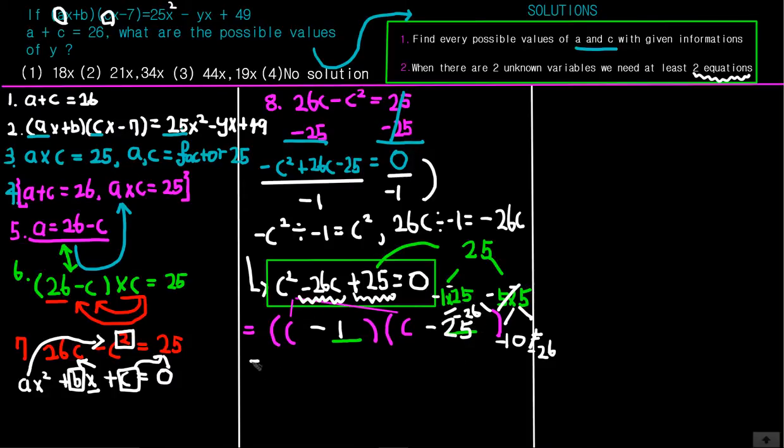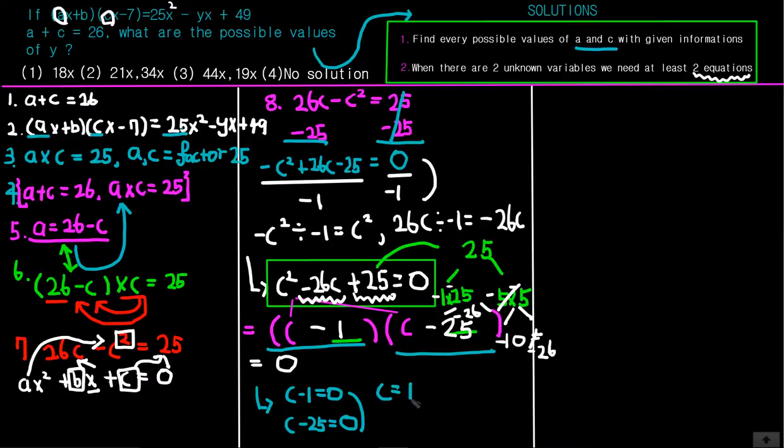And that should be equal to 0, which means this term is equal to 0, or this term is equal to 0. So we can say that c minus 1 is equal to 0, or c minus 25 is equal to 0. We can find our solutions for c by adding 1 to both sides to get rid of this negative 1.